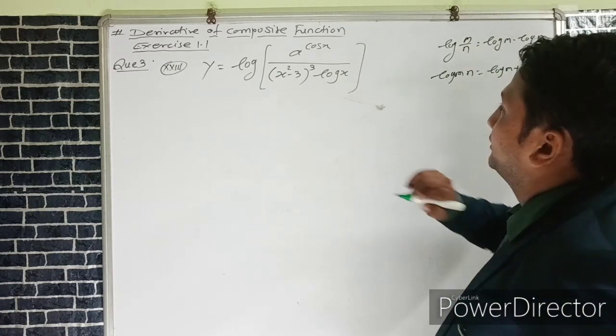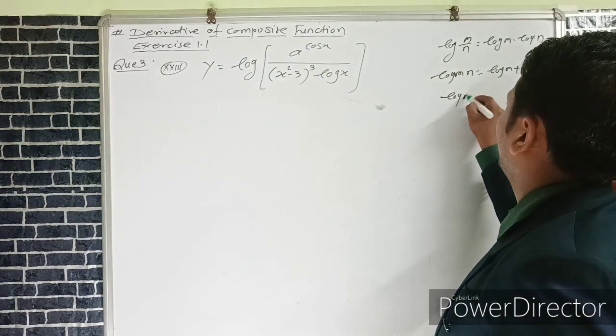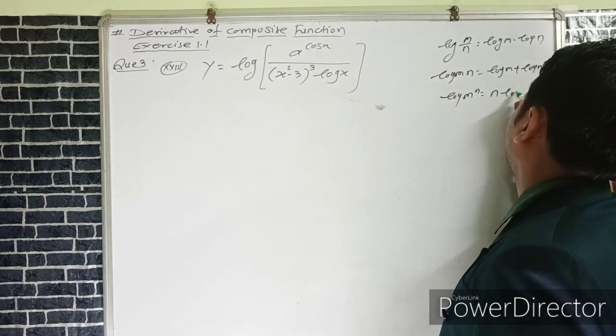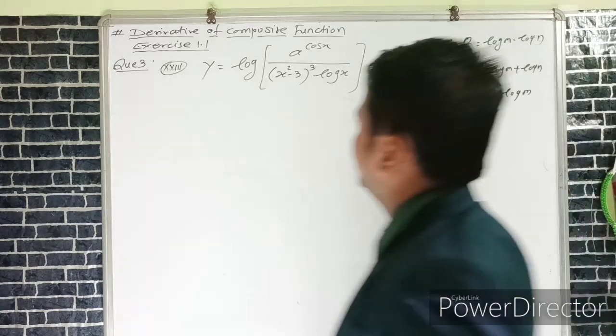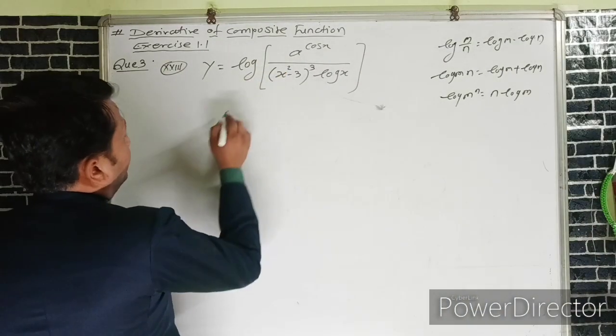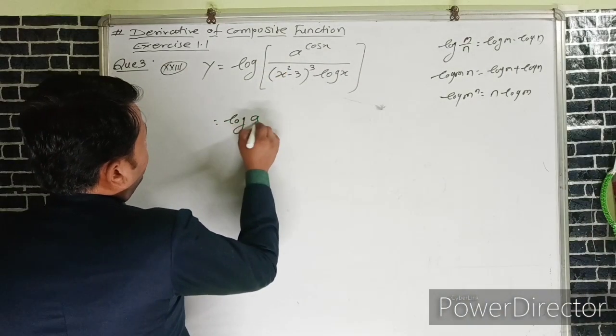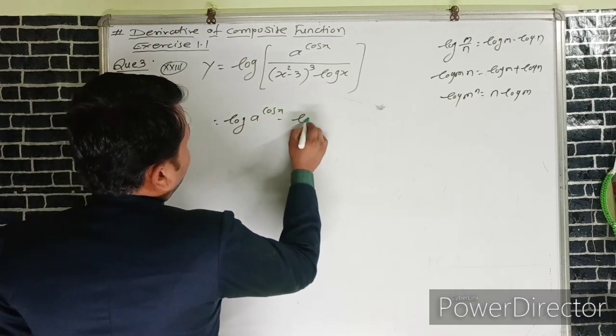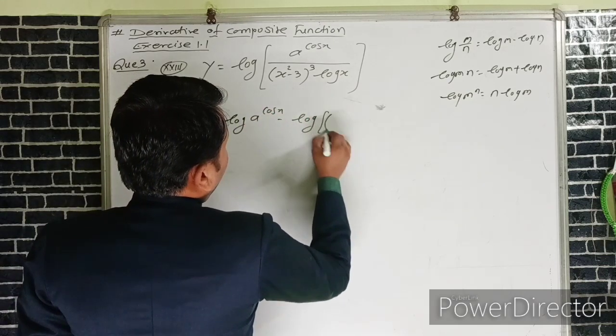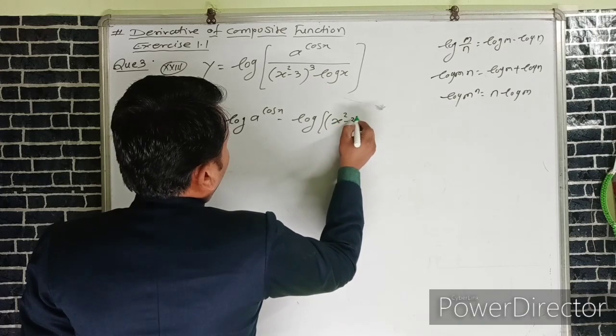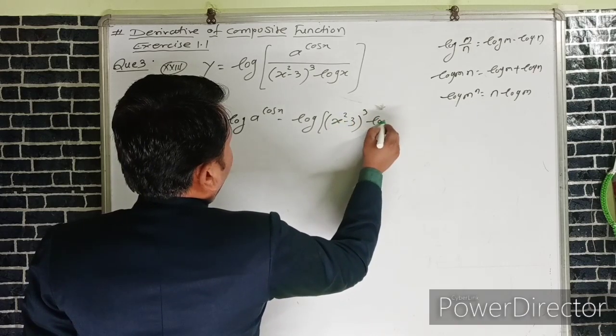And after that, the rule of log of m raised to the power n is n log m. By applying this rule, first we can write log of a to the power cos x minus log of (x square minus 3) whole bracket cube into log x.